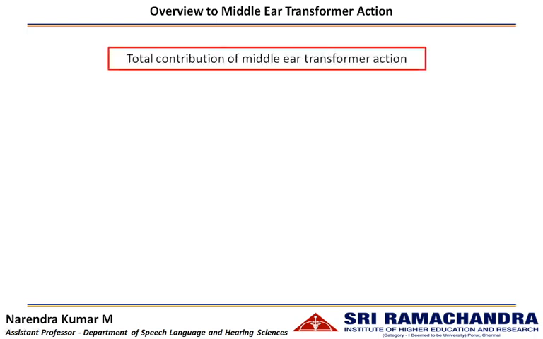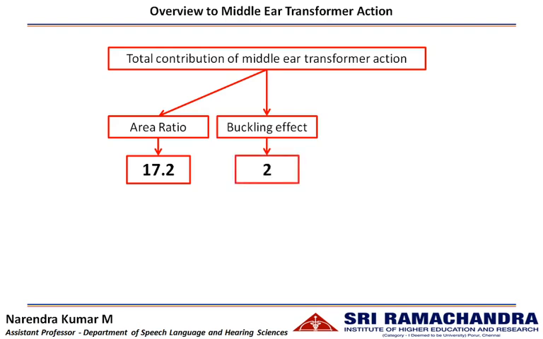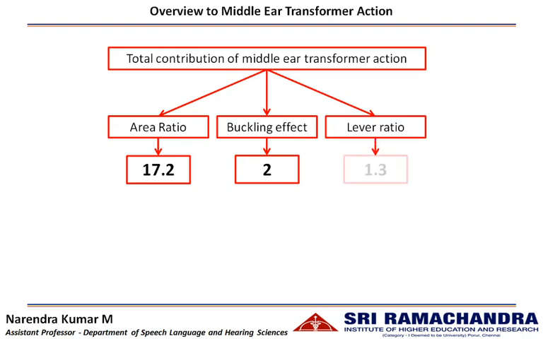Now, the total contribution of the middle ear transformer action is brought about by the area ratio of the membranes in the middle ear, which increases the force by 17.2 times, and the buckling membrane effect of the tympanic membrane, which increases the factor by 2, followed by the lever mechanism of the ossicles, which enhances the transformer function by a factor of 1.3.